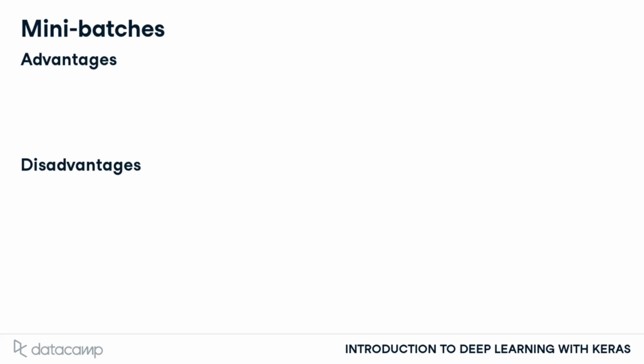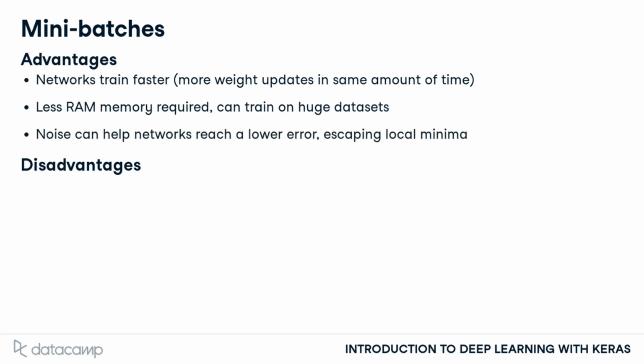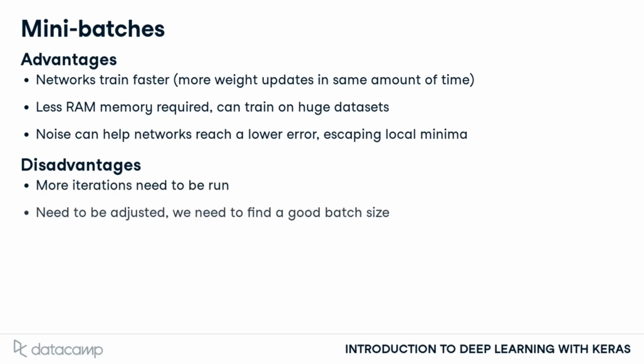Networks tend to train faster with mini batches, since weights are updated often. Sometimes datasets are so huge that they will struggle to fit in RAM memory if we didn't use mini batches. Also, the noise produced by a small batch size can help escape local minima. A couple of disadvantages are the need for more iterations and finding a good batch size.